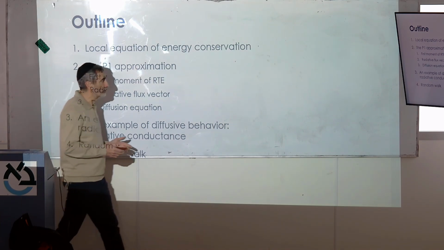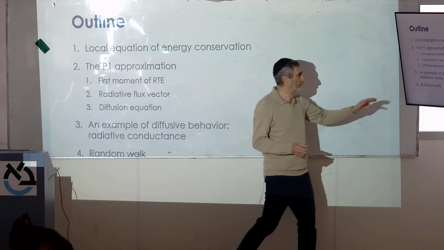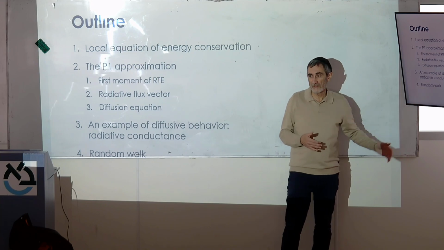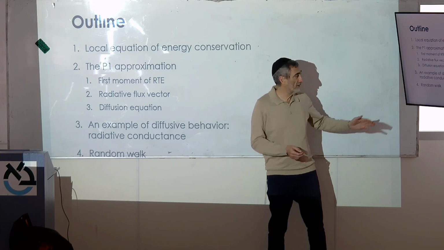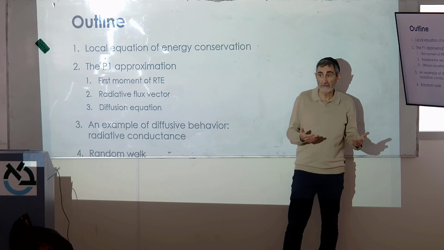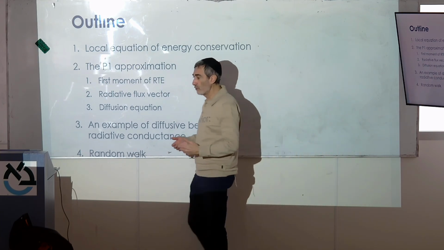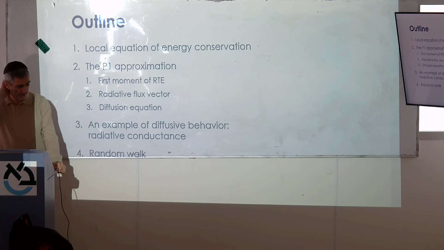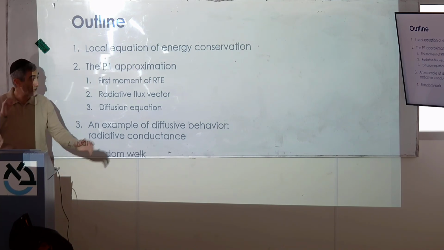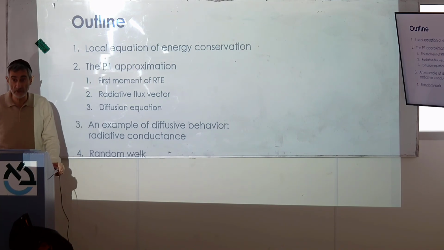And then I will finish with a very different approach, which is called the random walk. Okay, but actually they are completely equivalent. But this one is really illustrative of the way light propagates in a diffusive medium, and very useful to do a numerical simulation to describe this media.